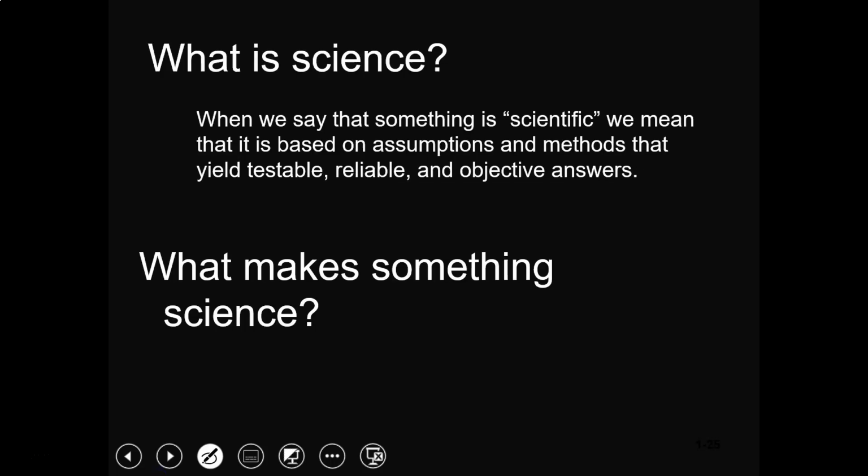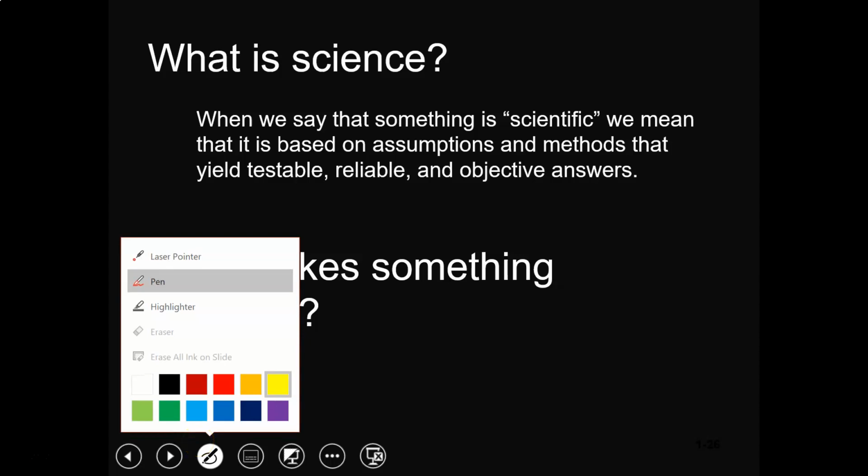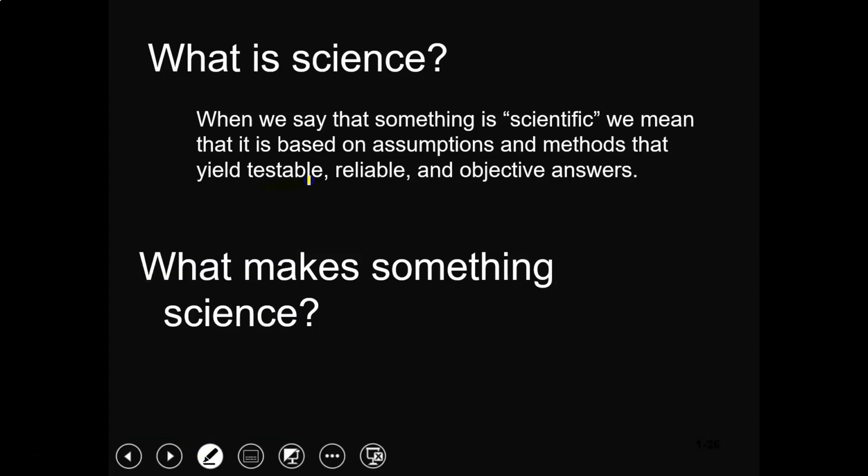What we know about our body physiology comes from hundreds and hundreds of years of science. Now, science is specific. Now more than ever, this is important. When I say that something is science, what I mean is that it's based on assumptions and methods that give us testable, reliable, and objective answers.